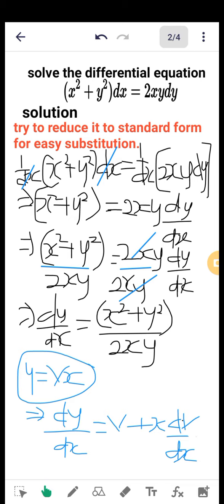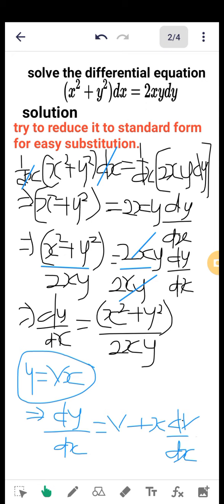There is another way to determine a homogeneous differential equation. In a homogeneous differential equation, all the terms in the ordinary differential equation are of the same degree.